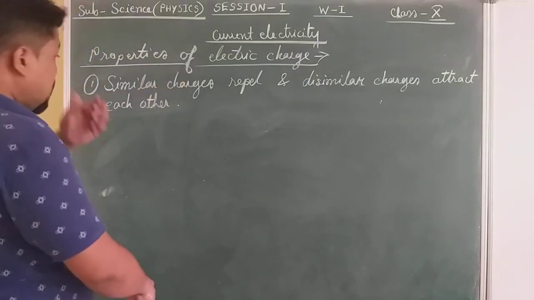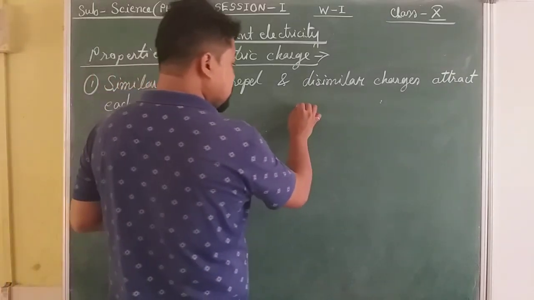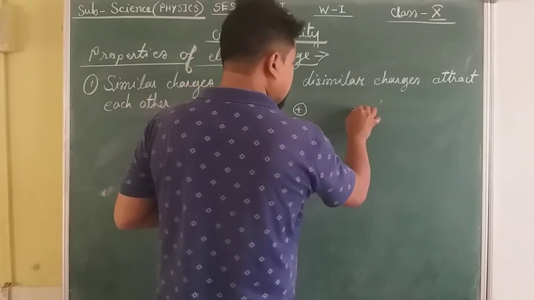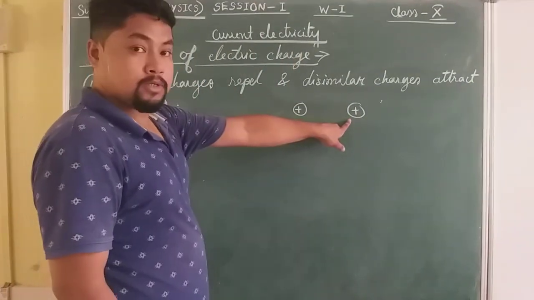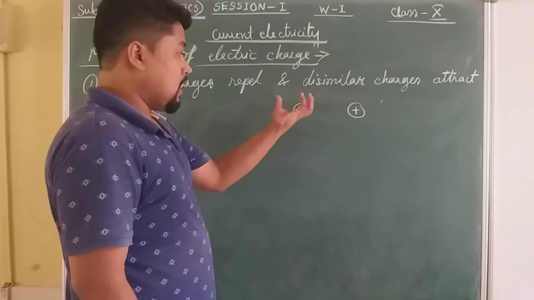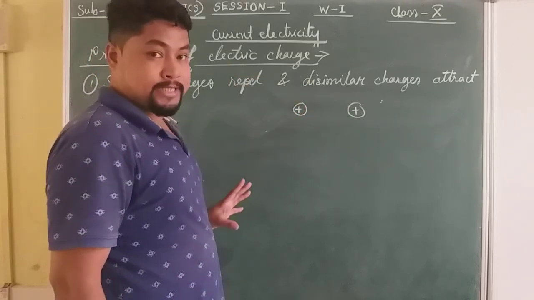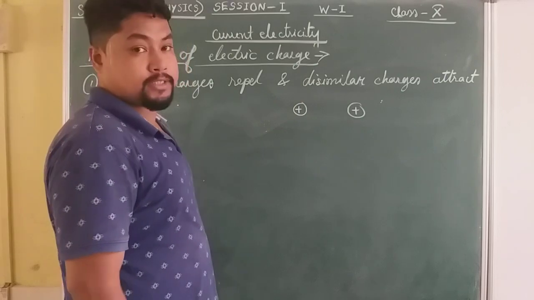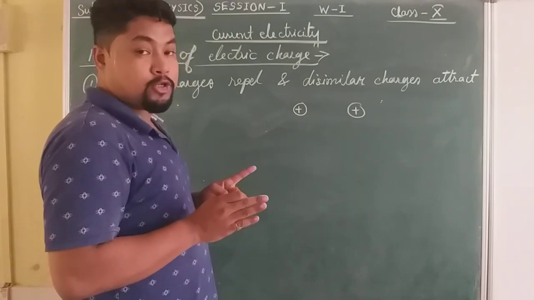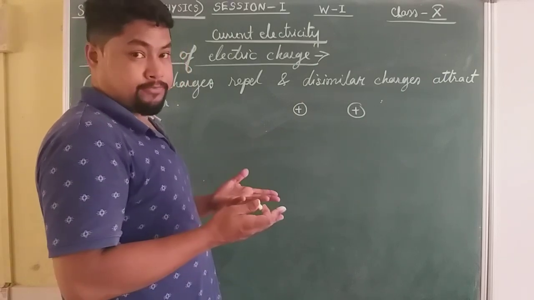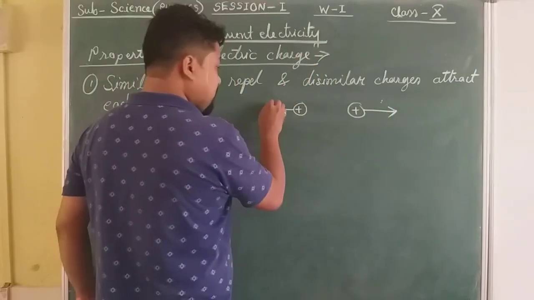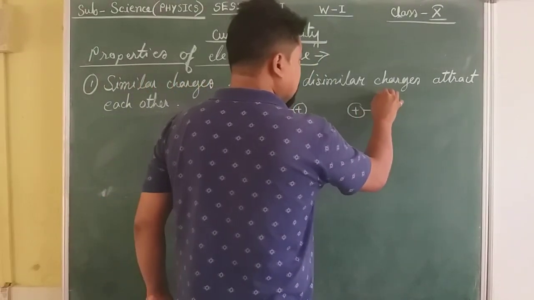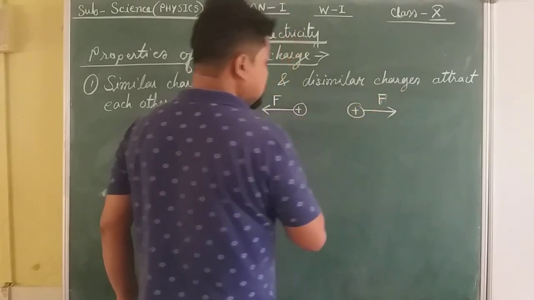Suppose two positive charges are separated by a small distance. The force between them is repulsive. There is a repulsive force F between the two charges.